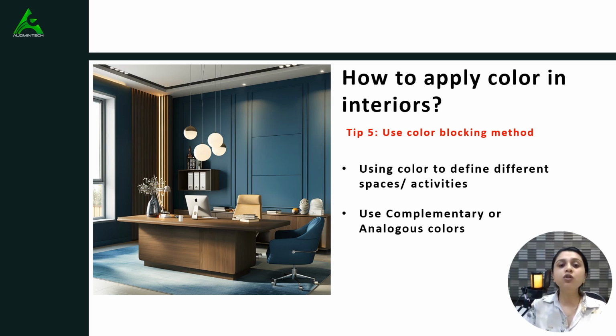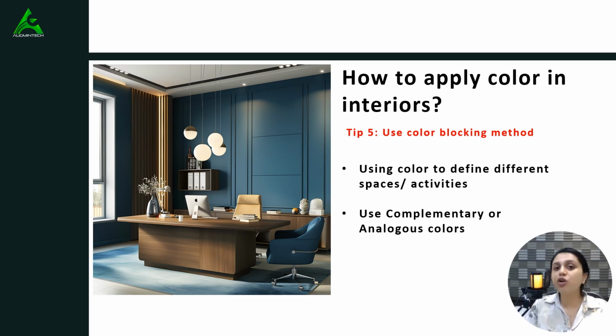So even though you're not putting colors on all the walls, that is not what I'm saying, but you can block a certain zone with a certain color. You can say that this is the zone which is going to have all green tables. This is the zone which is going to have all black tables. So that is how you color block.